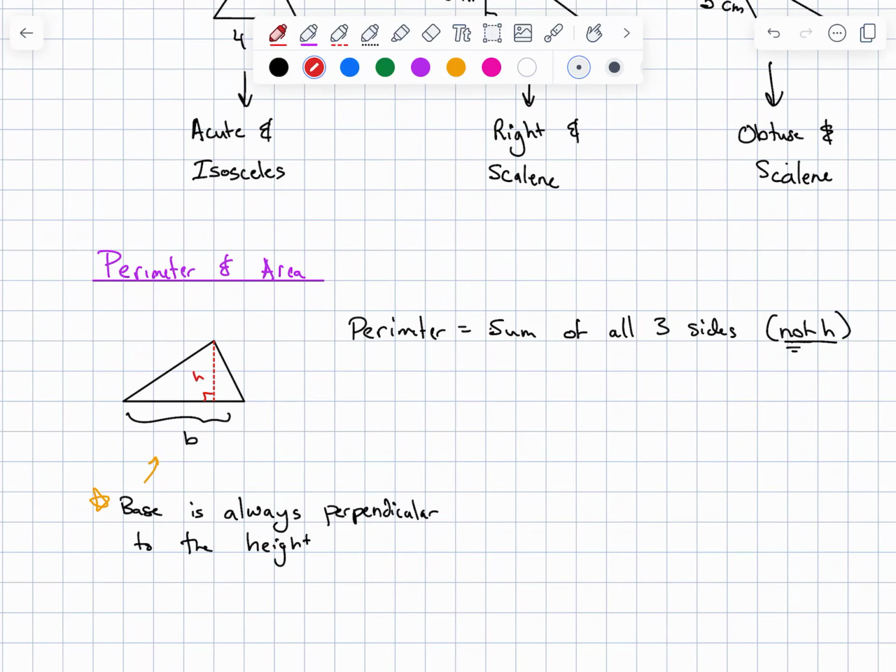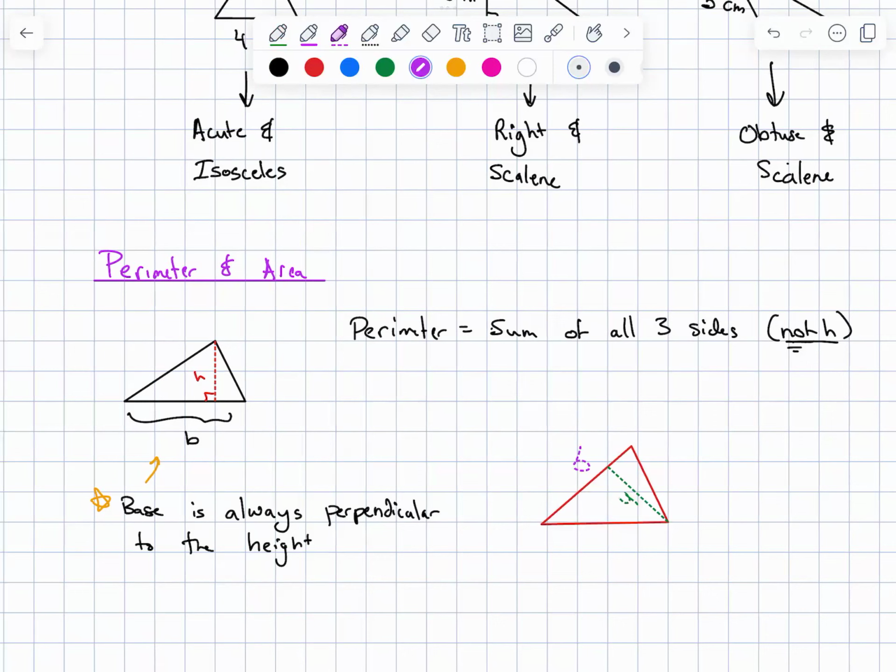Now, one thing I will note is that this is how I've oriented it, but just for the sake of argument, I've got roughly the same triangle here. You could have just as easily made this the height and then this the base.